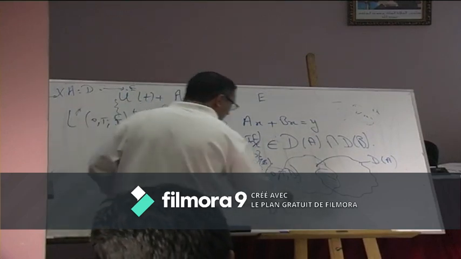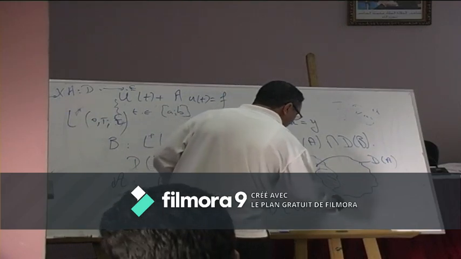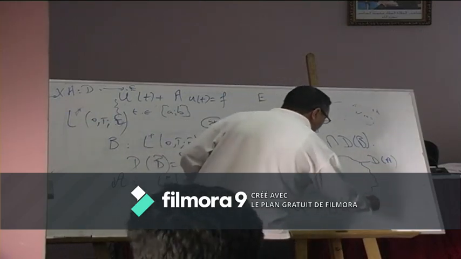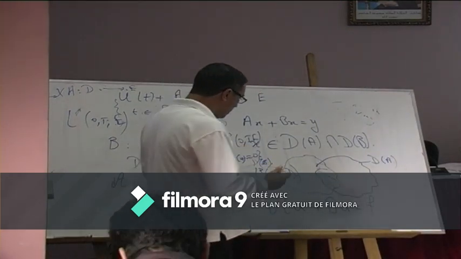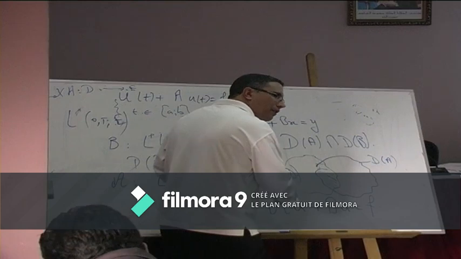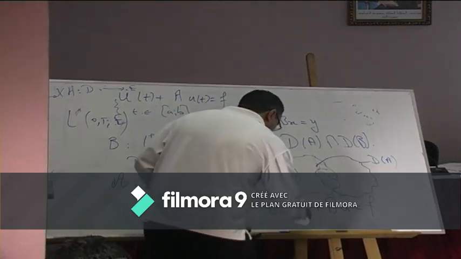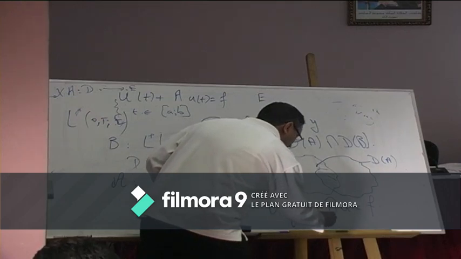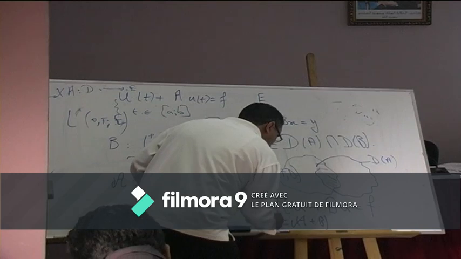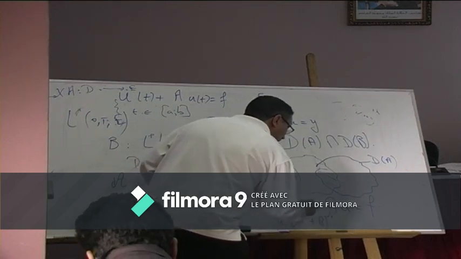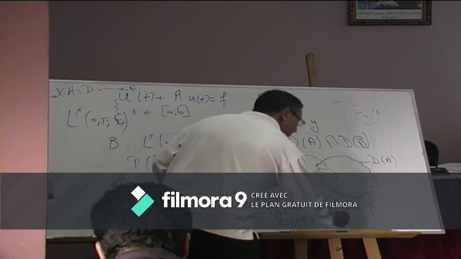A applied to u plus B applied to u is equal to f, and the maximal regularity will be equivalent to the invertibility of the sum A plus B. If A plus B is invertible, the solution will be given by (A plus B) to the power minus 1 applied to f.